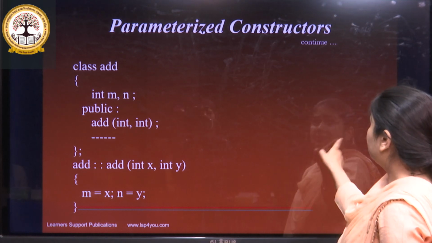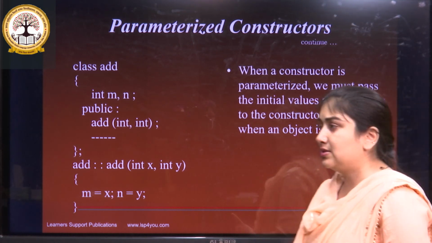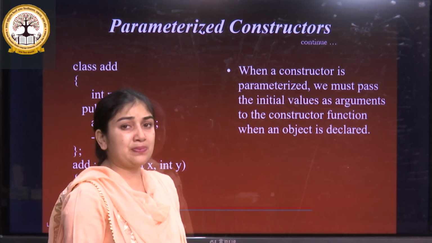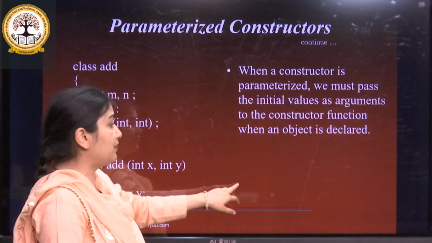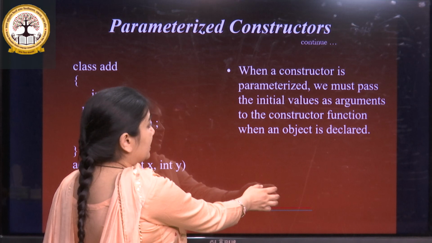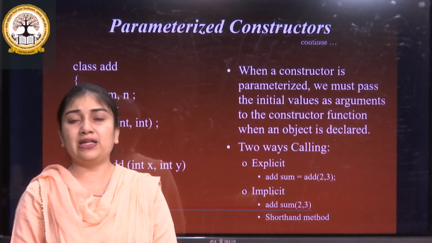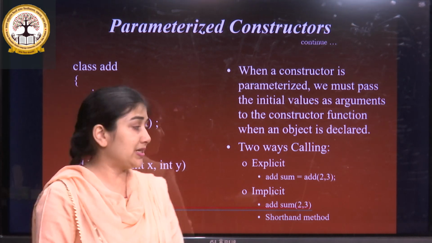Whenever a constructor is parameterized, we must pass the initial values as arguments to the constructor function whenever an object is declared. There are two ways of calling a constructor function: either implicitly or explicitly.